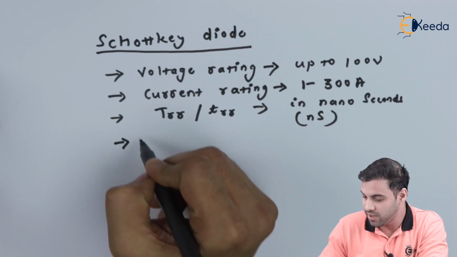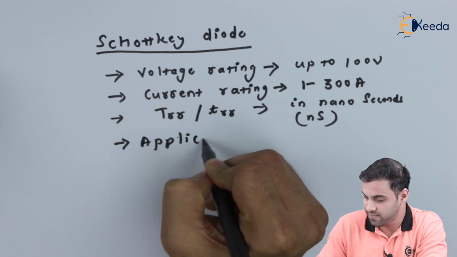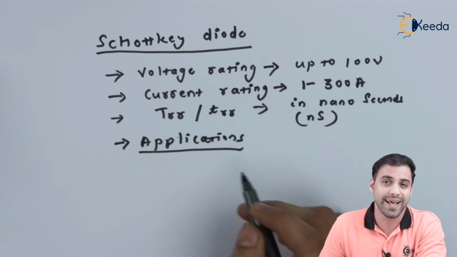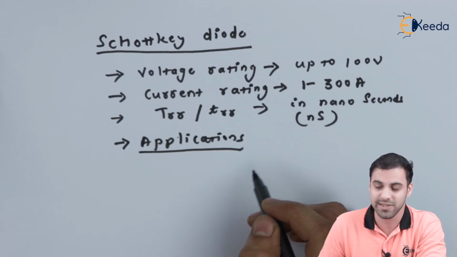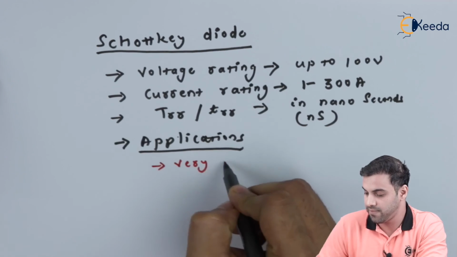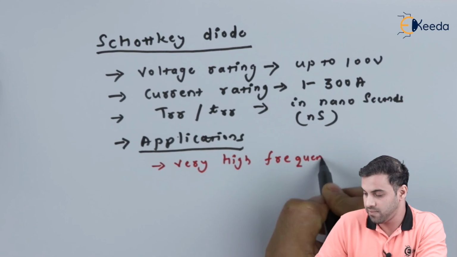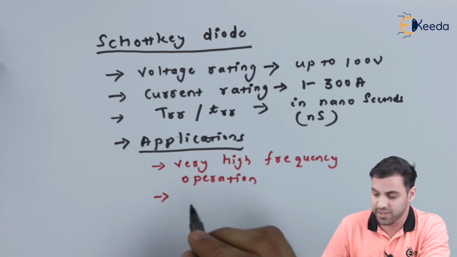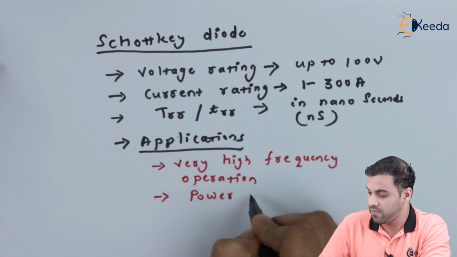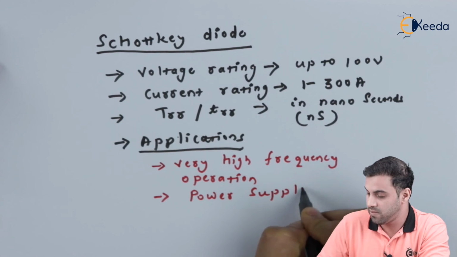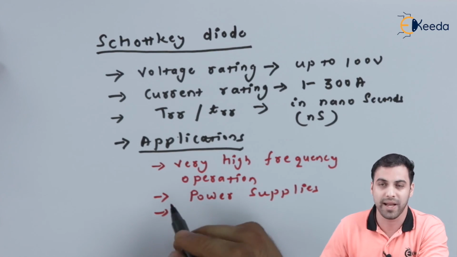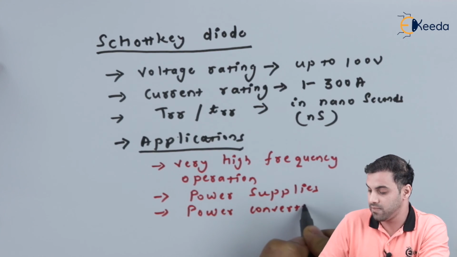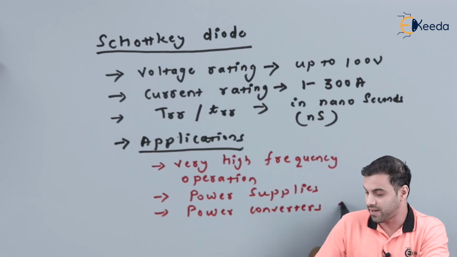So this kind of diode is used because of its excellent performance in very high frequency applications. They're used in very high frequency operation, power supplies, and power converters, etc.